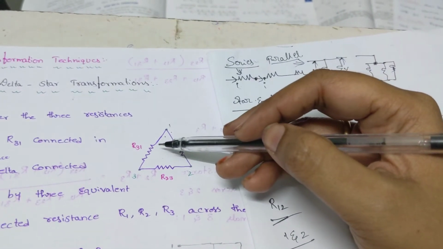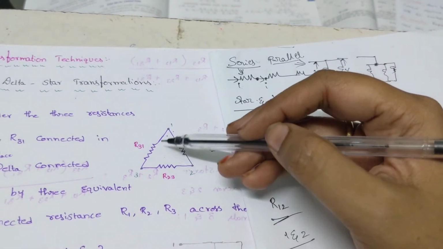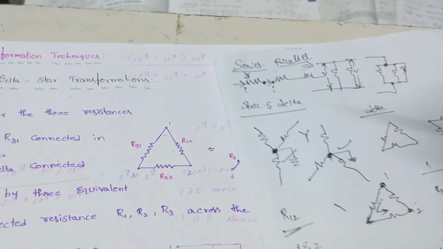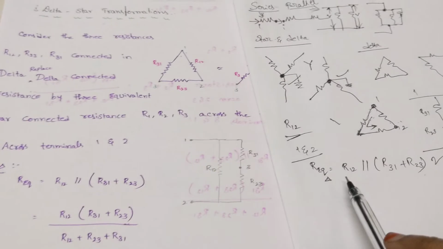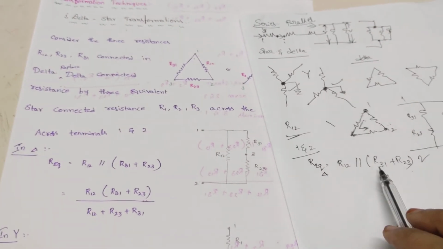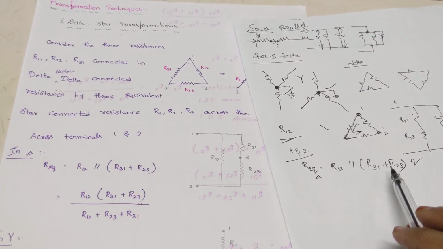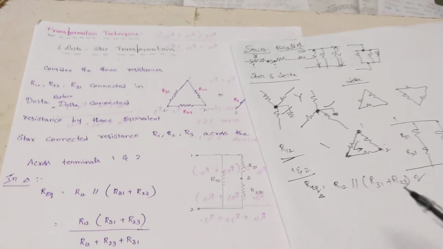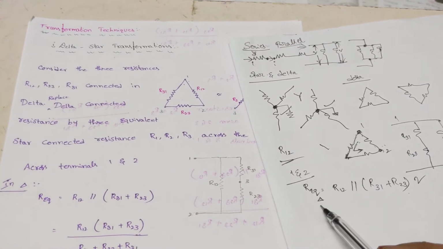These two resistors are in series, which is in parallel with my R12. So this is in delta.